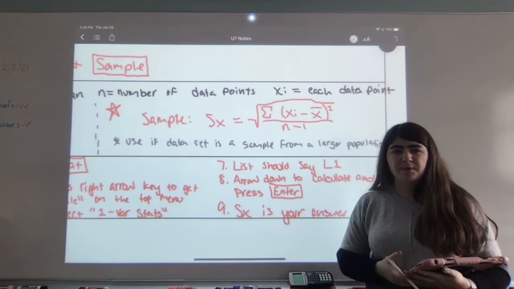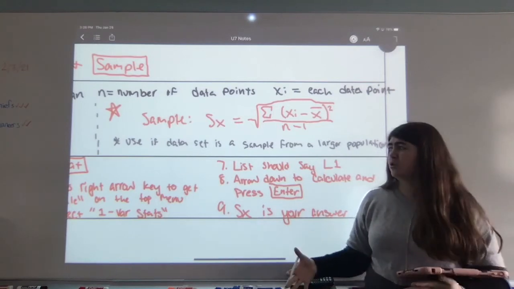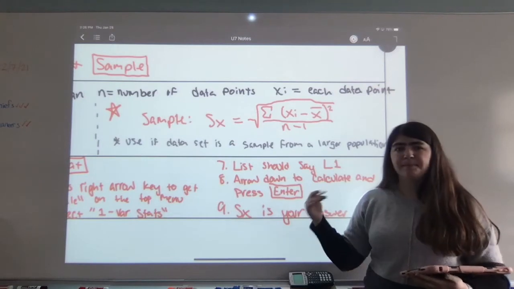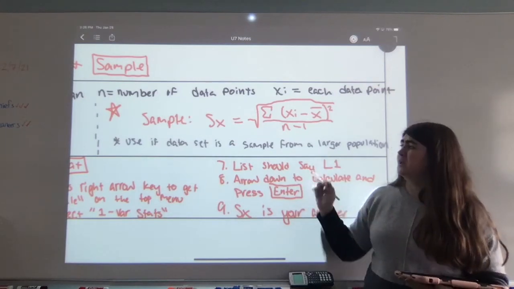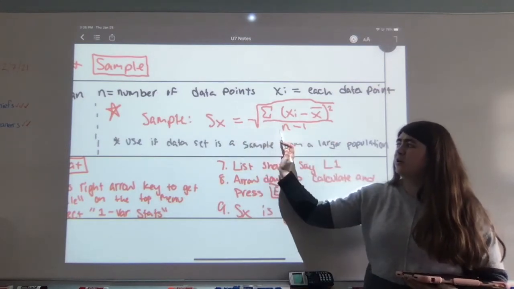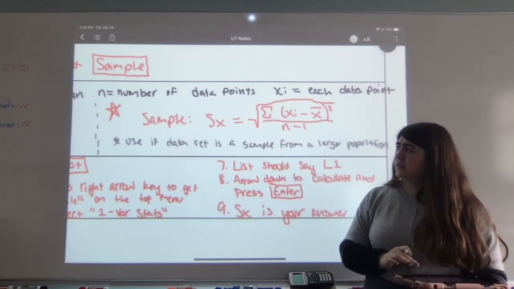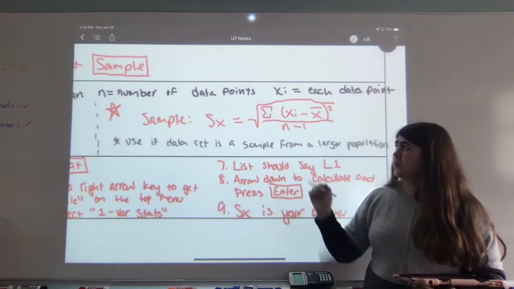Sometimes that's impossible to do because the population is too big. So we do our best to get an estimation based upon a small group of people, and that is what this equation is for. If we are calculating the standard deviation, we would use this formula.